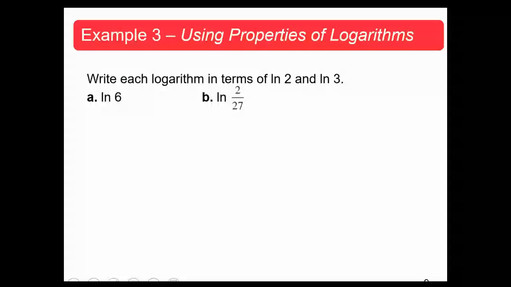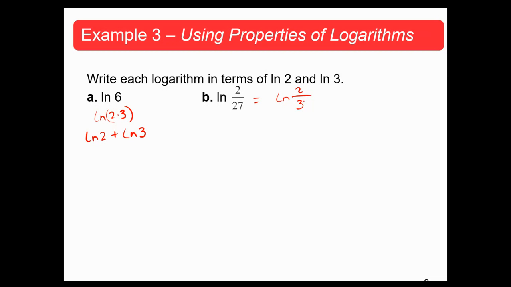So let's look at two examples. We want to write this as a logarithm of 2 and 3. So we can first of all write this as ln of 2 times 3. And knowing that we can add, we're going to say ln of 2 plus ln of 3. On this one, ln of 2 over 27, I could rewrite that as ln of 2 over 3 to the third.